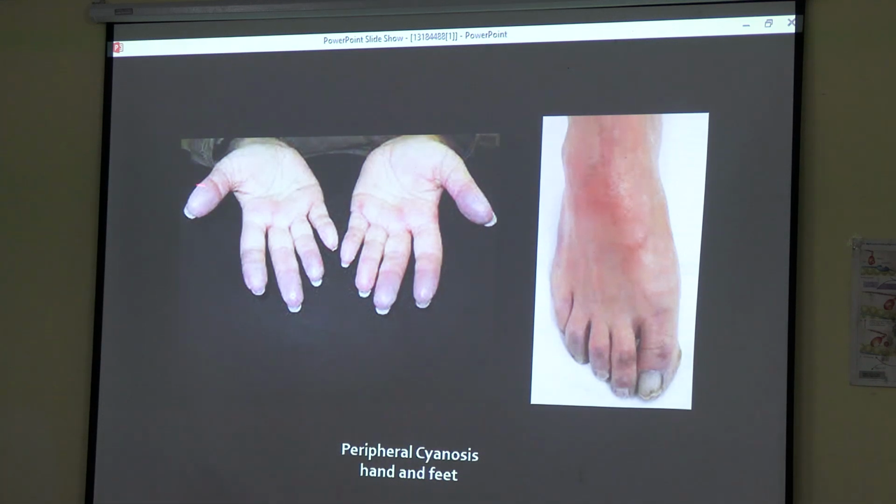See, there is discoloration of the fingertips and the legs. You can see. So this is due to peripheral vascular disease. Okay, or you find it in some systemic cases also.